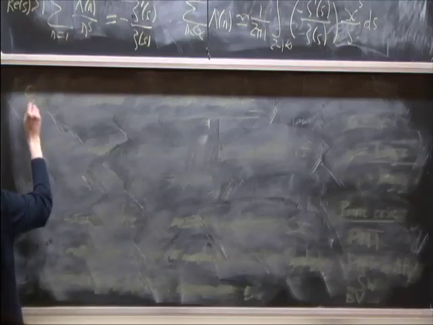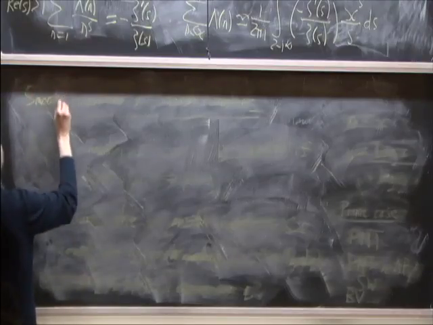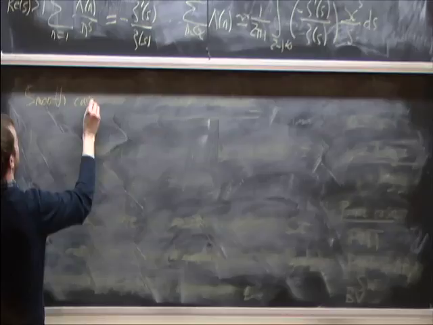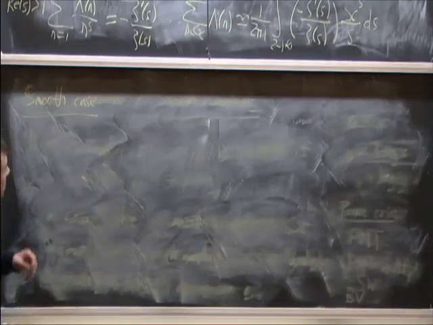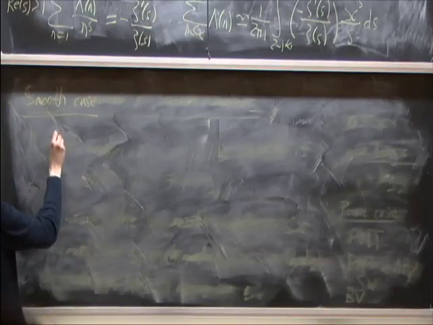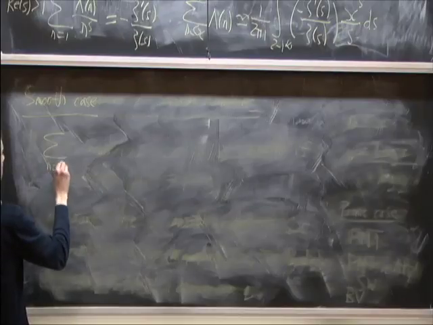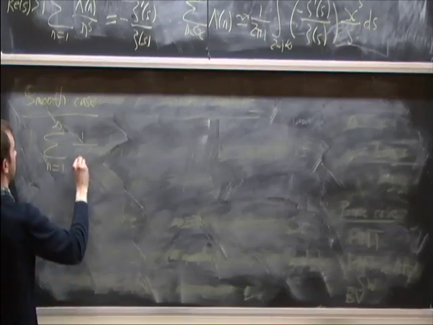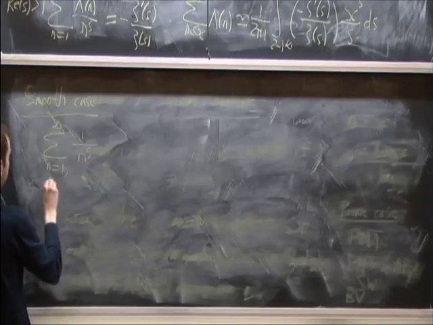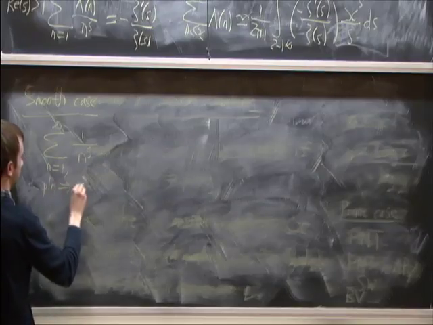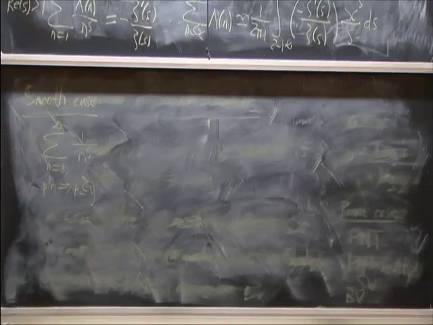Okay, so in the smooth case, what's the Dirichlet series that corresponds to smooth numbers? It's just this guy. Restrict to numbers that only have prime divisors less than y.